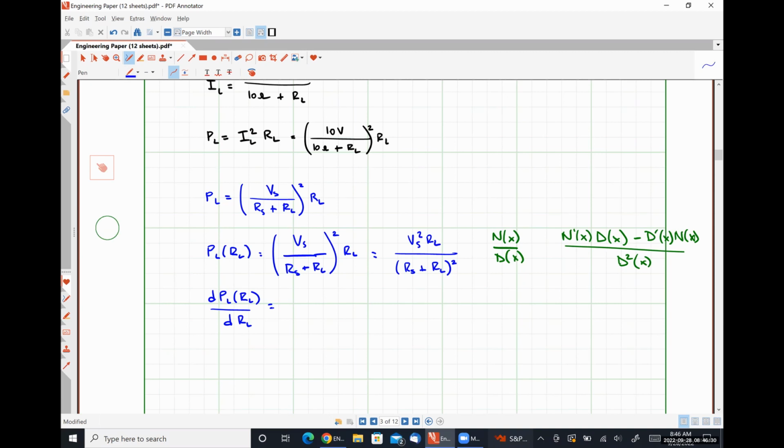So what's the derivative of the numerator here? Vs squared. And then the denominator is Rs plus RL squared. What's the derivative of the denominator?